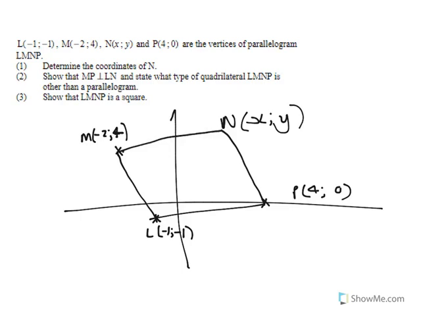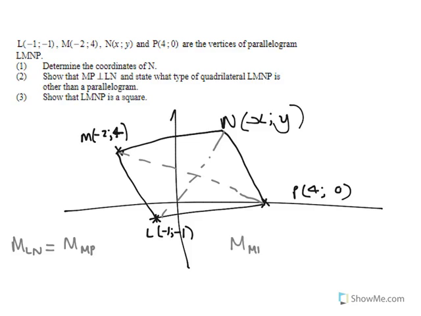I think that the best bet is to use the idea that the diagonals bisect each other. So the midpoint of this diagonal is going to be the same as the midpoint of that diagonal, right? So the midpoint of LN is equal to the midpoint of MP.